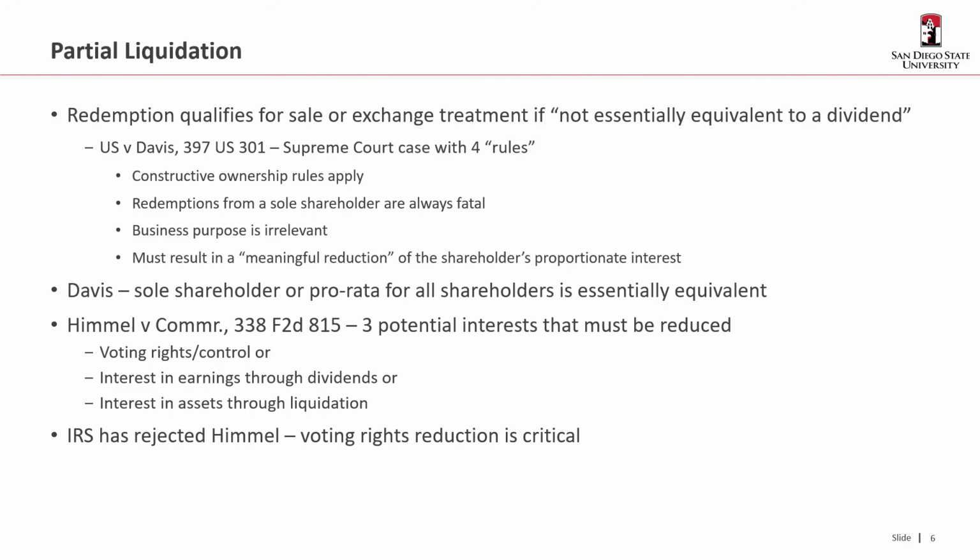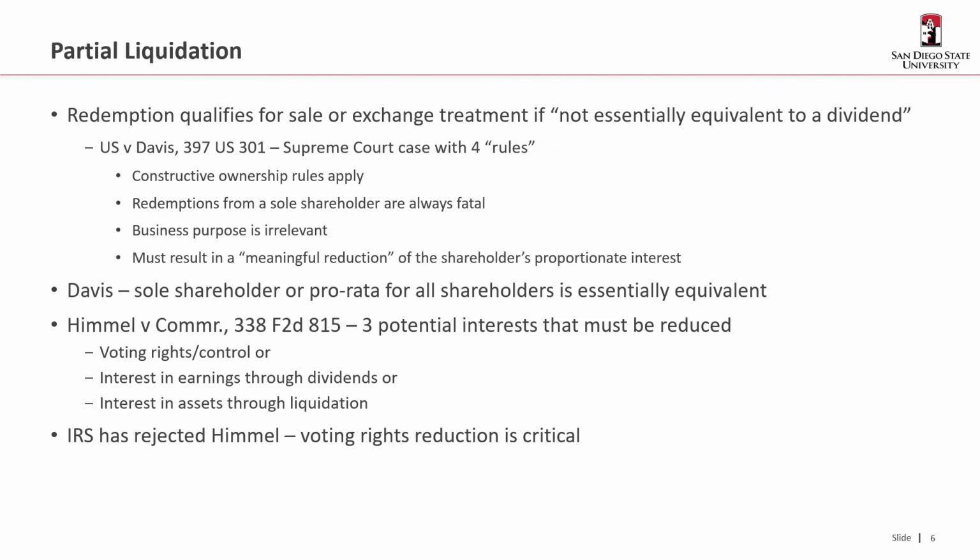So let's start with U.S. v. Davis. This is a Supreme Court case. It said redemption qualifies for sale or exchange treatment if not essentially equivalent to a dividend. And in Davis, they said, sure enough, these constructive ownership rules apply. So we have this issue of attribution. That redemptions from a single shareholder are always fatal.